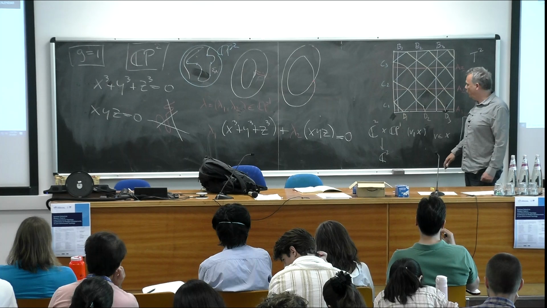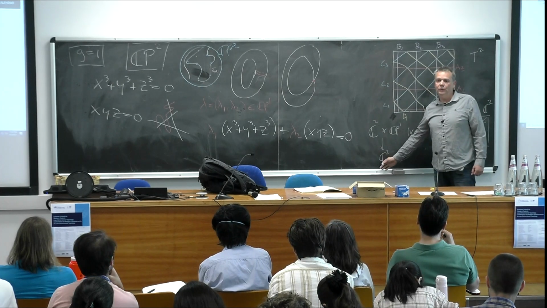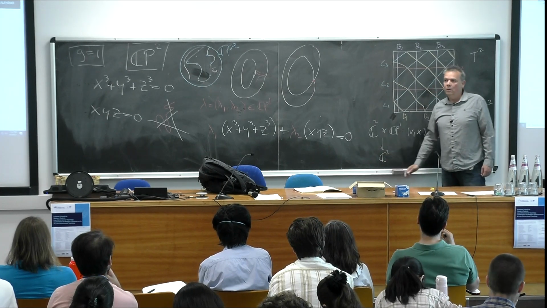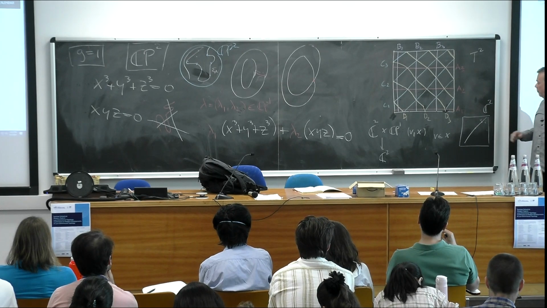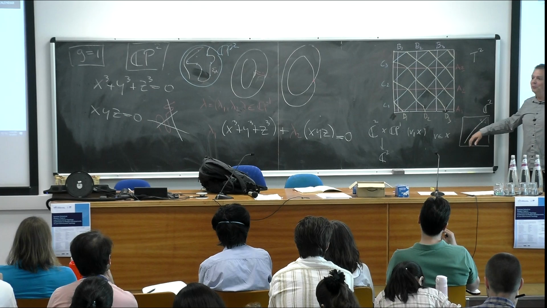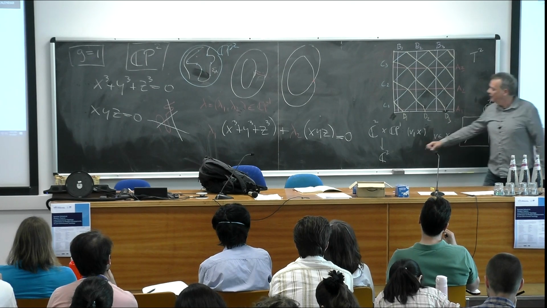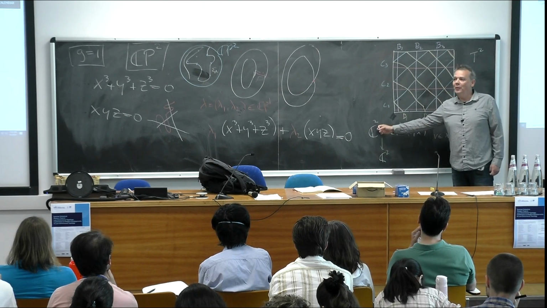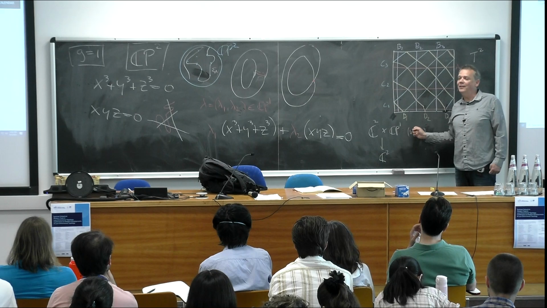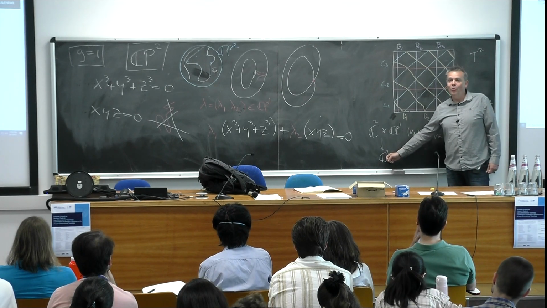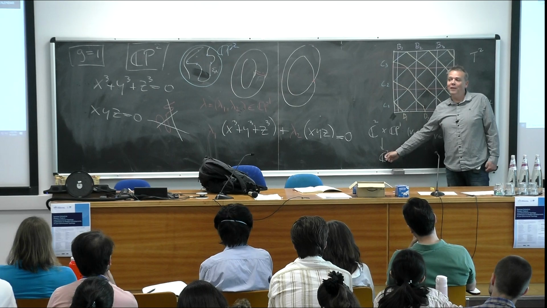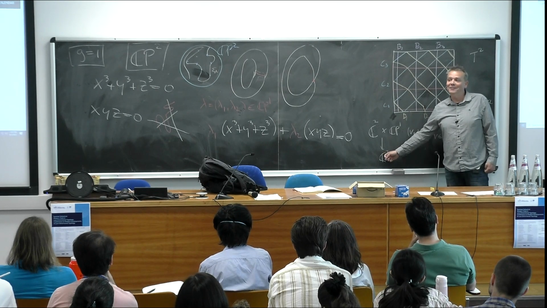Of course, I could forget about X, and I have a map to C2. What happens, though, is that if the vector is non-zero, then there's a unique line going through that. So for non-zero vectors, there will be a unique point up there, which is the same vector and the line that goes through it. The origin is special because the origin as a vector lies in every line, right?